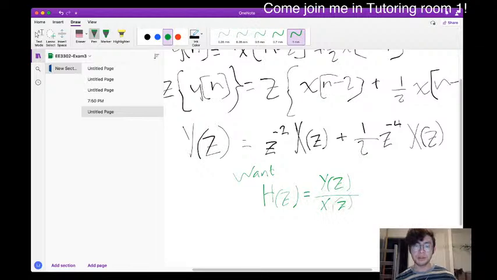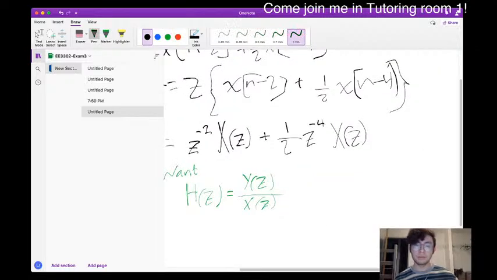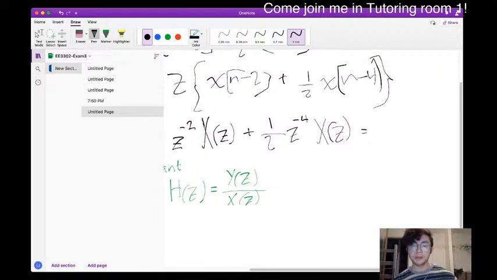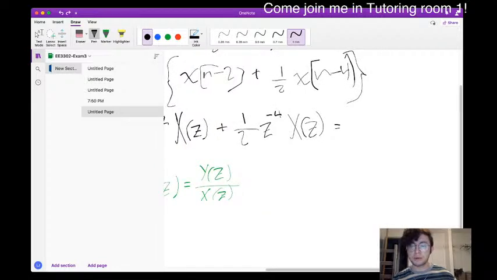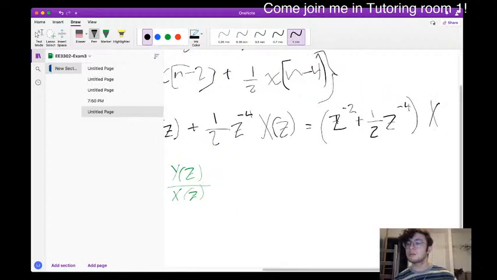We can do that pretty easily by taking out, remember these are just coefficients that multiply X(z), these are both the same, so we can take it out. We get (z^-2 + 1/2 z^-4) X(z). Great.